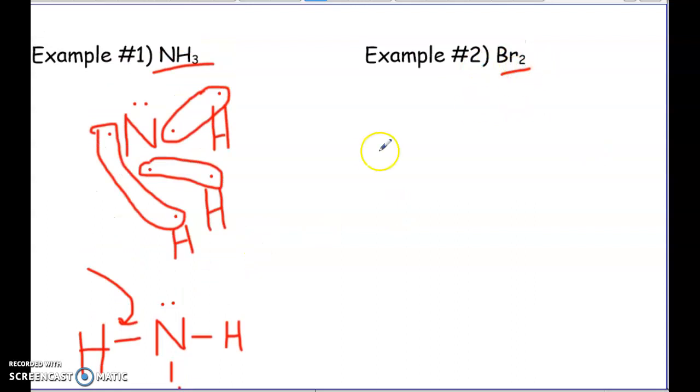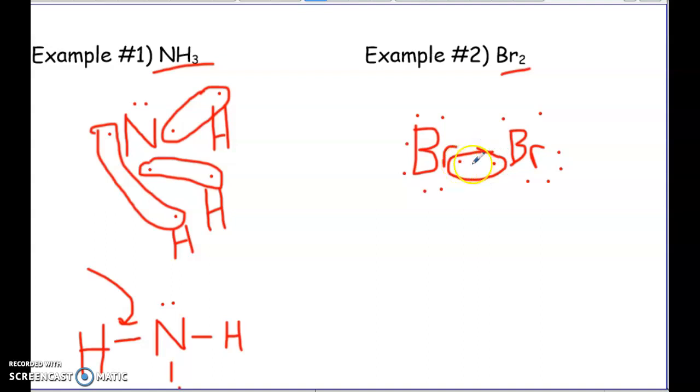Over here, Br2. So again, we have now 2 bromines, and each one is in group 17, so each one has 7 valence electrons. Ooh, these ones are far apart. What ends up happening is you have 3 sets that are already paired up, but there's one by itself on one bromine and one by itself on another bromine.